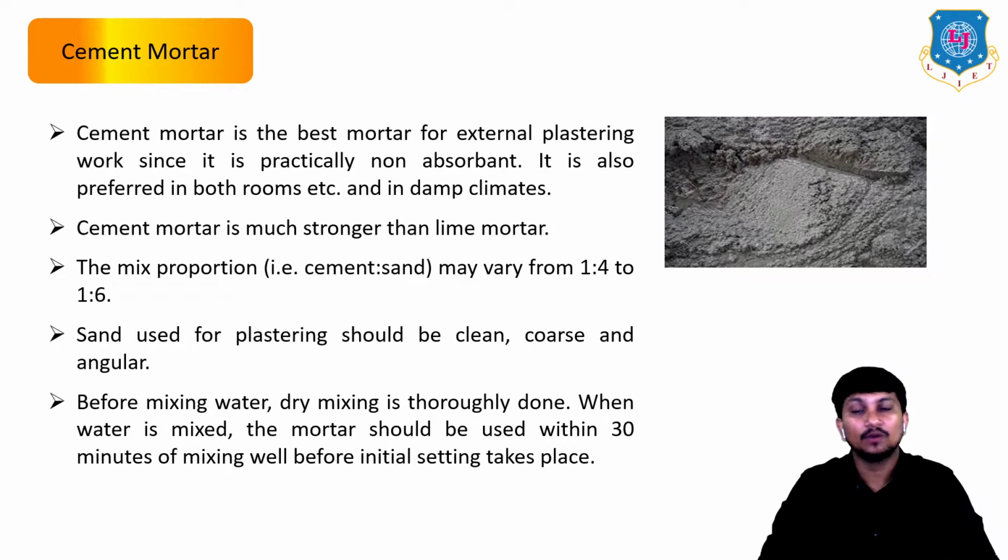When water is mixed, the mortar should be used within 30 minutes, well before initial setting takes place, because cement, the binding material, initially sets in 30 minutes. So we have to use this cement mortar within 30 minutes after adding the water.